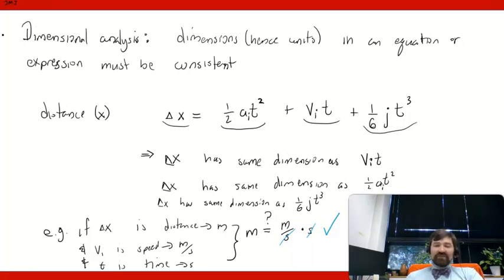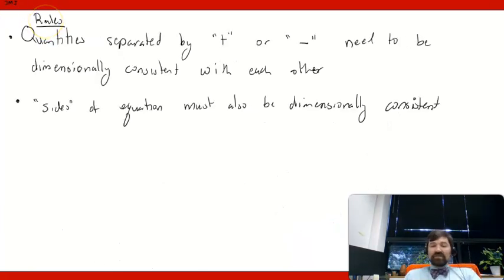So how do you know if it's a different quantity? Well, if it's separated by a plus or a minus, then it counts as a different quantity. Alright, so what are the basic rules of engagement? Any quantity separated by a plus sign or a minus sign should be dimensionally consistent with each other.